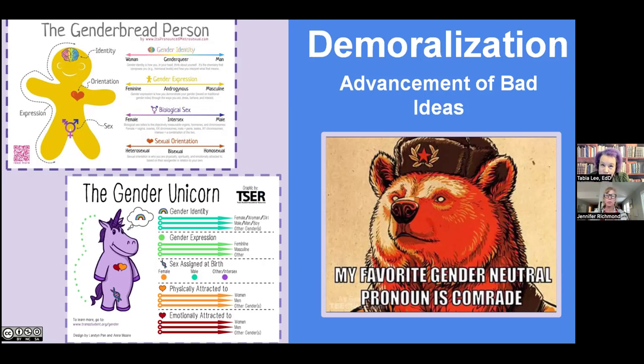This is before children even know what a boy or a girl is. They're being taught about gender identity, gender expression, biological sex, and sexual orientation. And so again, is it developmentally appropriate? These are things for people to become informed about and to learn about what their schools are doing and to take action and find out what aligns with what you're wanting to see.